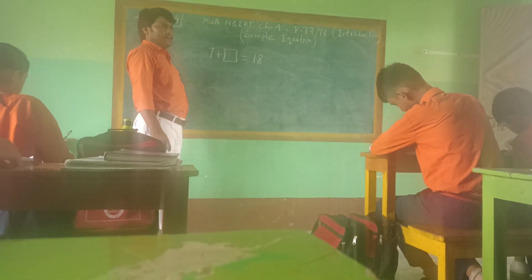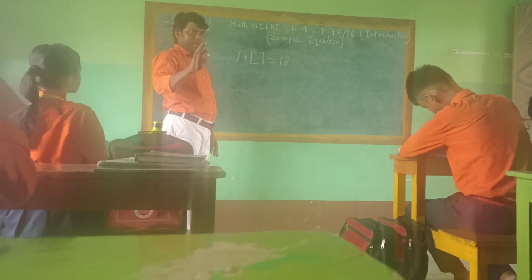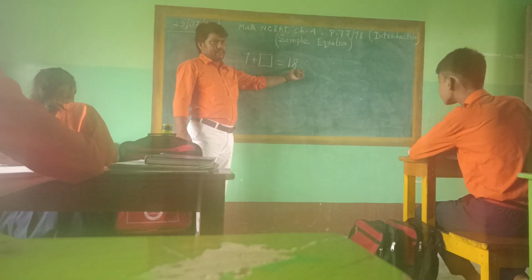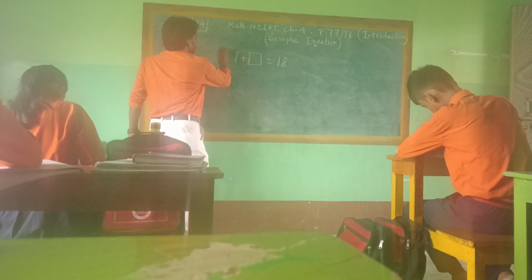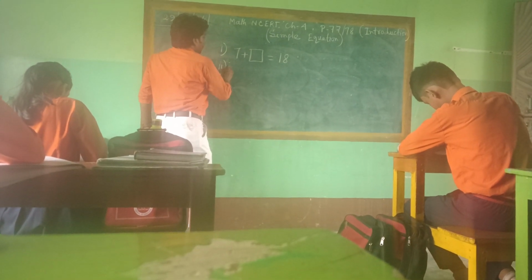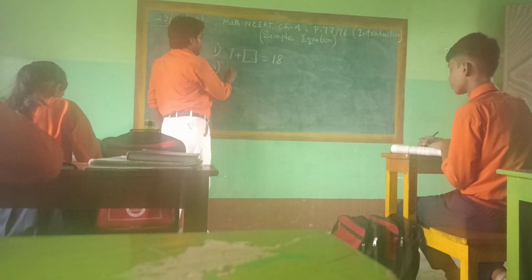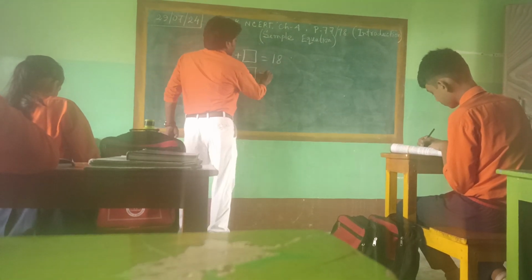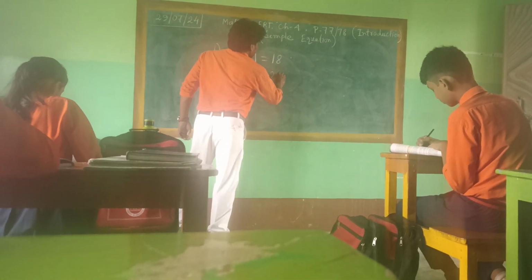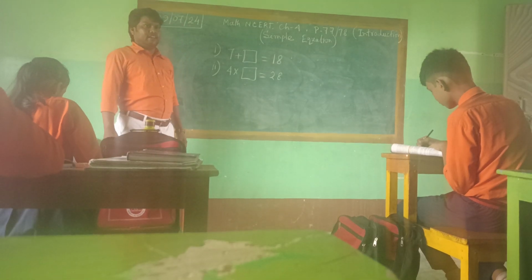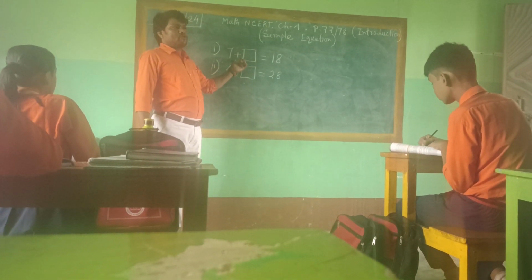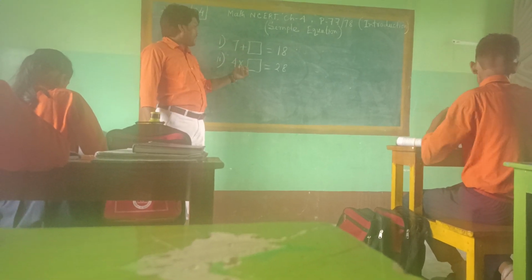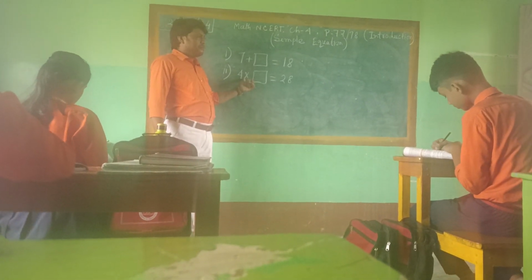Okay, what should be added to 7 to get 70? So this is one problem. Number 2 problem: what should be multiplied to 4 to get 28? I have shown examples of plus and minus, but I have given multiply.